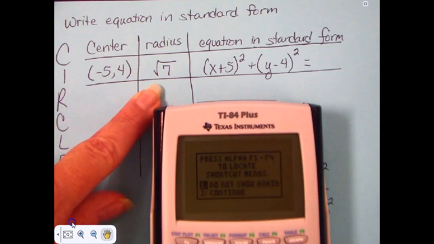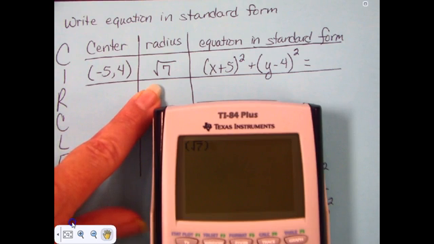Now, it kind of makes me cry just a little bit inside if you have to use the calculator for this, but I'd rather you use the calculator than get it wrong. So you would do the square root of 7 using parentheses, because we always should, and we want to square that, and we find that the answer is 7.